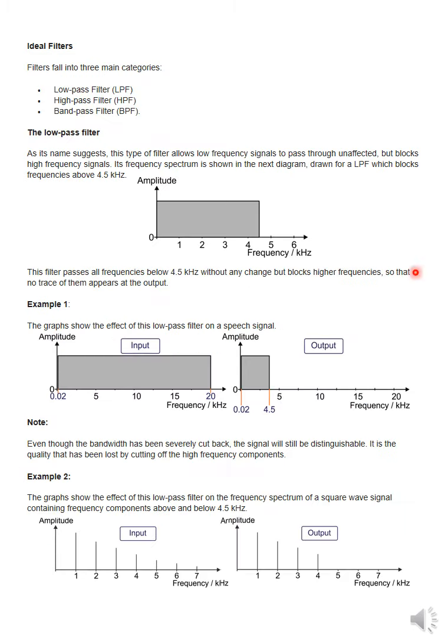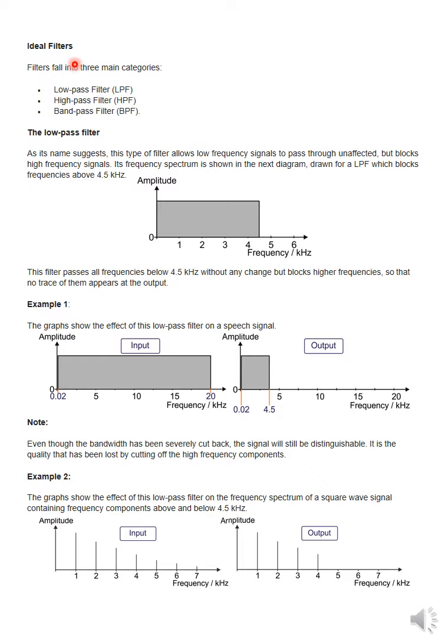Now, ideal filters. When we say ideal, it means that in ideal conditions there should not be any losses or any variation due to interference, noise, or anything else. So if I'm using a filter in a lab environment, in that environment the filter is going to behave as ideal, as mathematically we think it should behave.